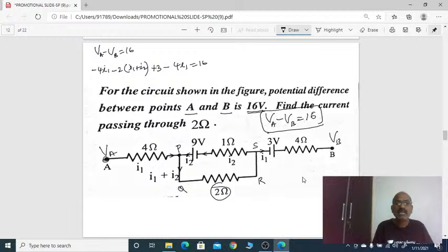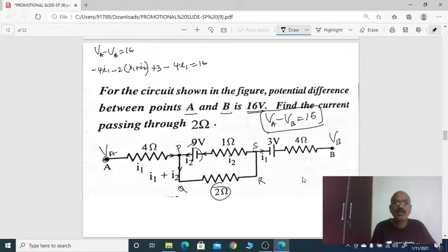Next is in a closed loop, PQRS. It is a closed loop. In this closed loop, apply the sign convention now. Apply the Kirchhoff second law, Kirchhoff voltage law, you can apply now. Right? Here when you apply Kirchhoff second law, see here, it is increasing potential.